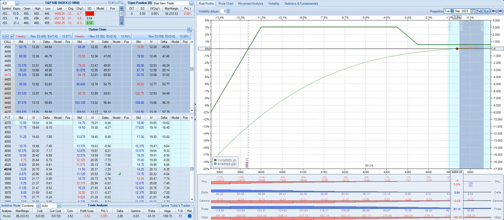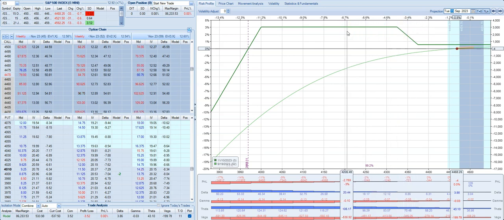Is 3,000 or 1x bear trap profit the golden number or the holy grail number? No. You want to say, all right, I want to be more aggressive. Maybe I'll trade a smaller size, but I'll give it more room, and I'll go 2x bear trap profit. So when this trade is down 6,000, that's your stop.